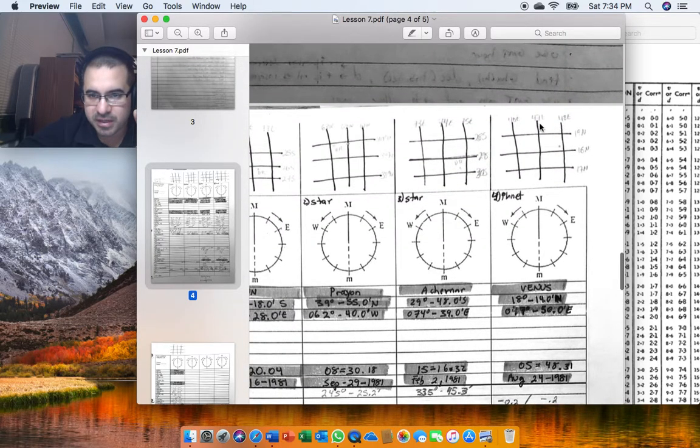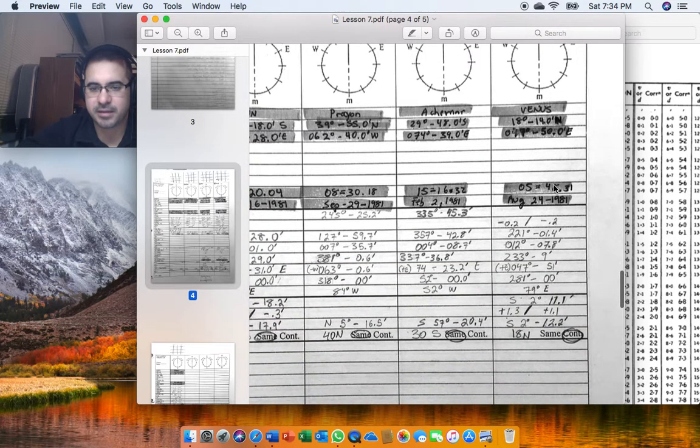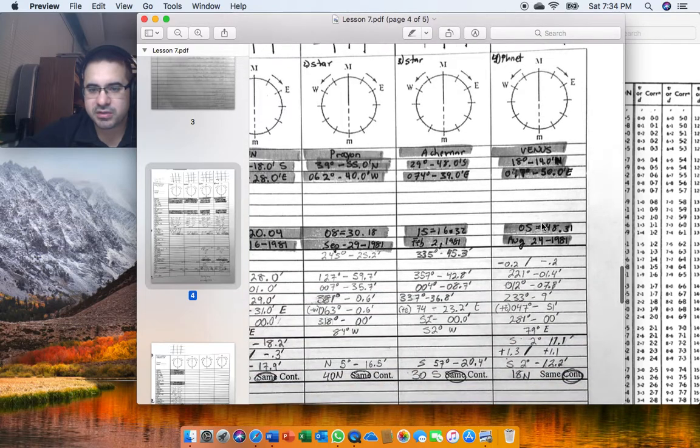So what's it going to be? 47, 9 minutes, or 48, 9 minutes. 48, 9 minutes, because it's closer to our DR position, less than 30. If you go 30 this way, you're going to hit that. If you go this way, it's not going to hit the 47, 9 minutes. Okay? So that's why we use the 48.